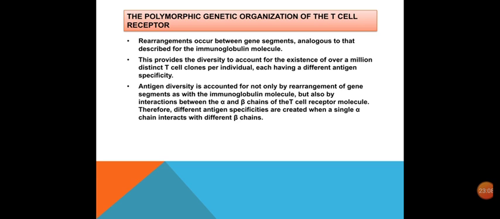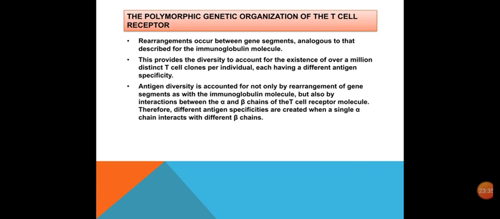In the polymorphic genetic organization of the T cell receptor, rearrangement occurs between gene segments analogous to that described for the immunoglobulin molecule. This provides the diversity to account for the existence of over 1 million distinct T cell clones per individual, each having a different antigen specificity.